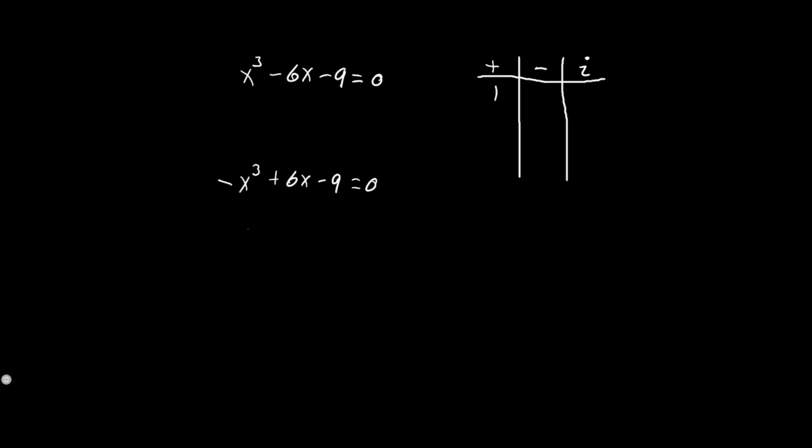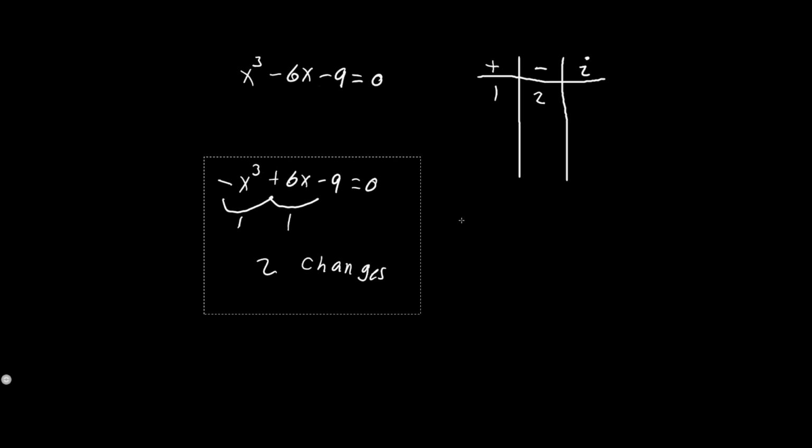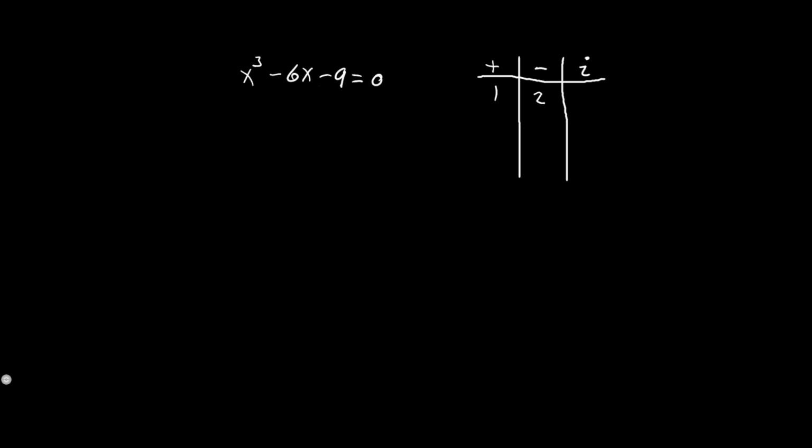So here, now we have that there is one sign change, and there is a second sign change, so we have two changes in total, giving us that we have either three real solutions, but they're all distinct, or we have one positive solution and 0 negative solutions.